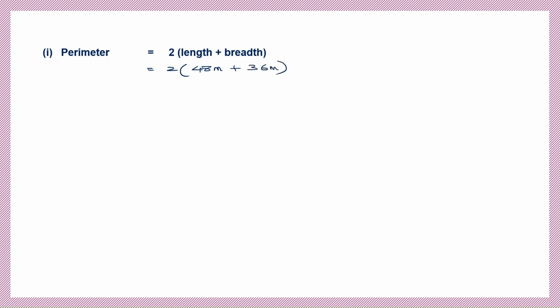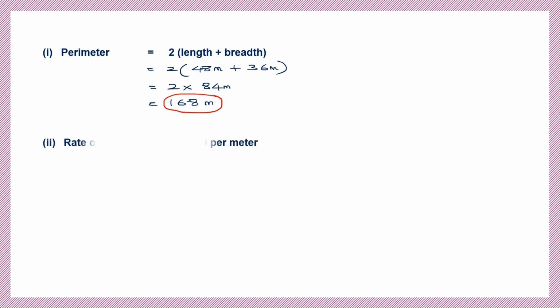So this is 2 into, how much is 48 plus 36? That is 84 meters, and 2 into 84 is 168, and the unit is only meters. So the perimeter is 168 meters.